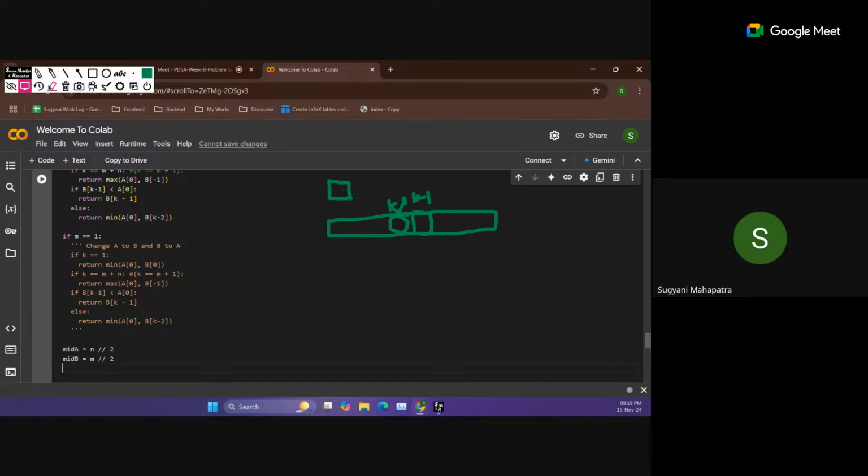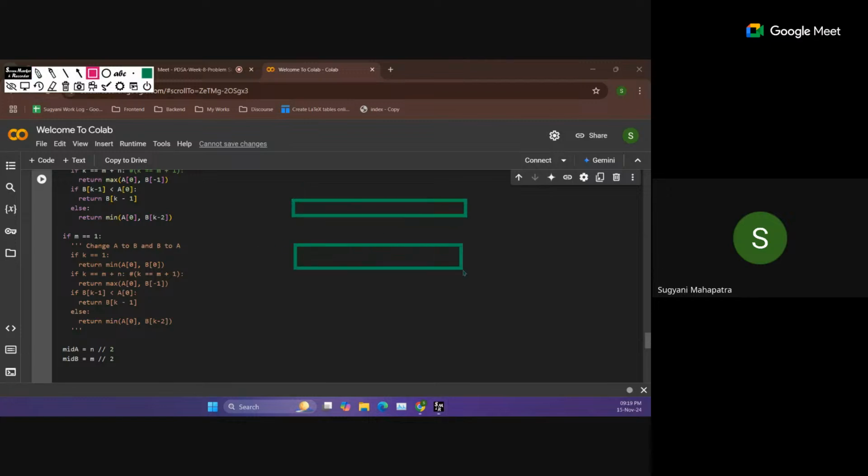Let's draw this figure. There is an A, there is a B. Both of them can have different lengths. Middle of A is over here, and middle of B is over here.